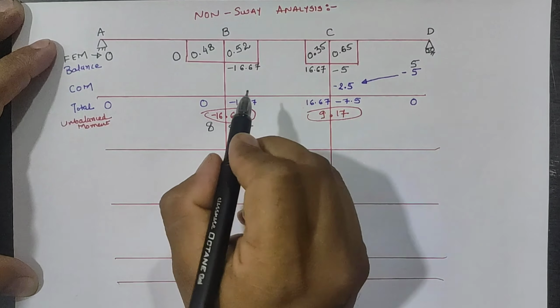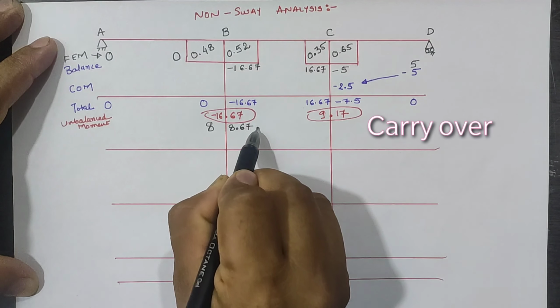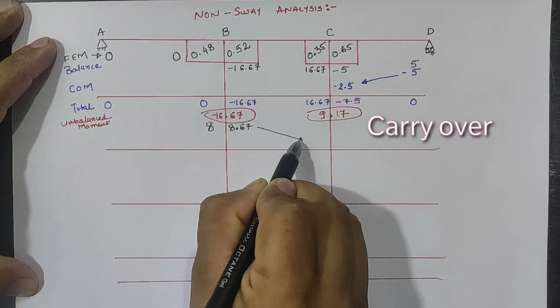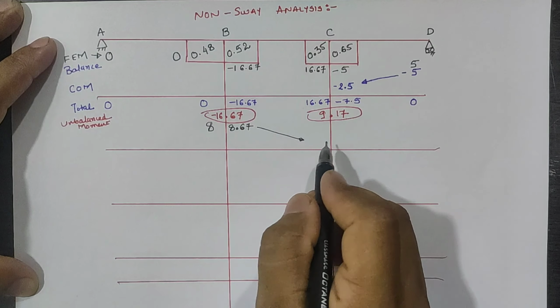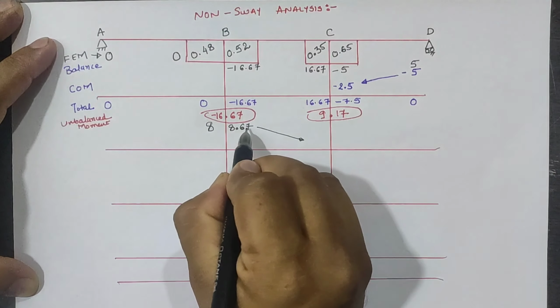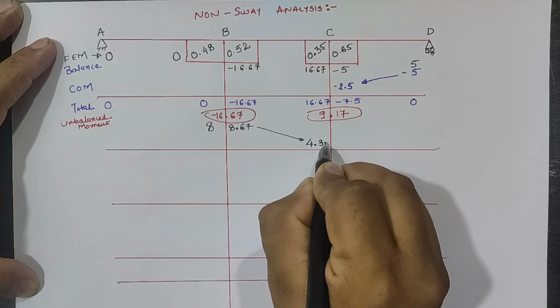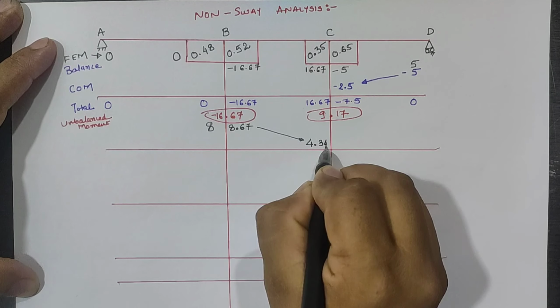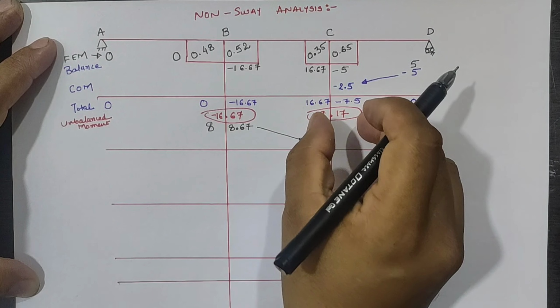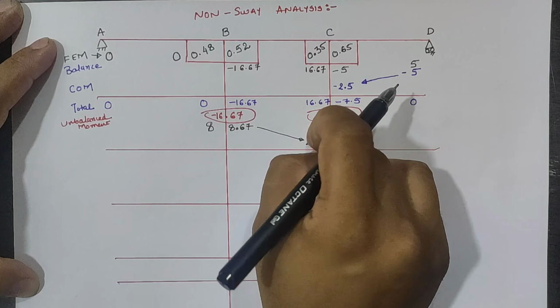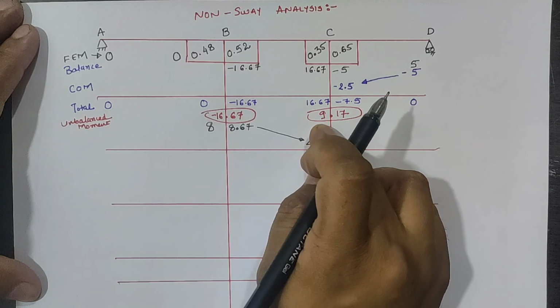8.67. Now, this moment is carried over to the near span as half of the total value. So 8.67 divided by 2 is equal to 4.34. Similarly, at joint C, the value is positive, hence the distributed moment must be negative.